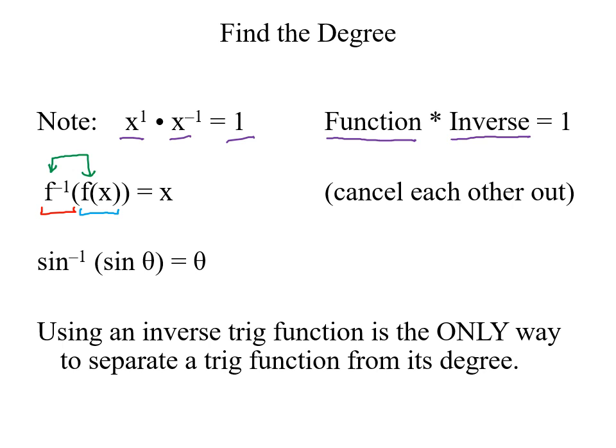So if we apply that to a trig function, like sine inverse, or sine to the -1, sine inverse of sine of theta, the sine and the sine inverse would cancel each other off and give you just theta. The inverse function is the only way to separate a trig function from its angle or degree. We use the inverse function when we want to find the angle itself. So I'll point that out again in just a moment.